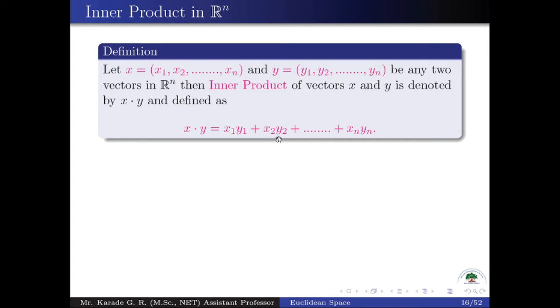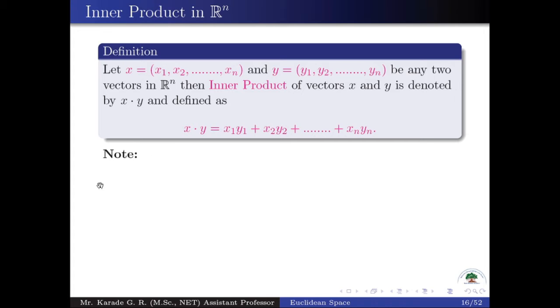The second term is the product of the second component of vector x and the second component of vector y, plus ... the nth term of the inner product of vector x and y is the product of the nth component of vector x and the nth component of vector y. So this is the way of writing the inner product of two vectors x and y.